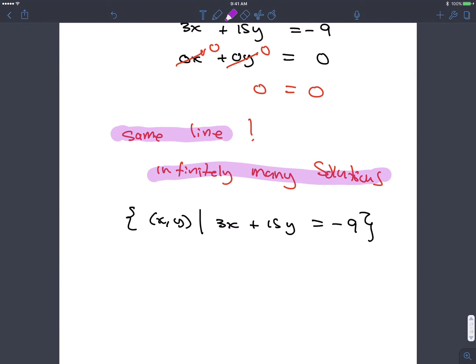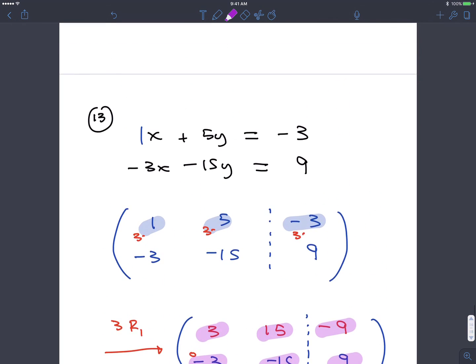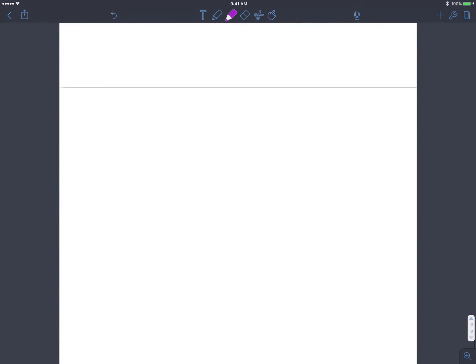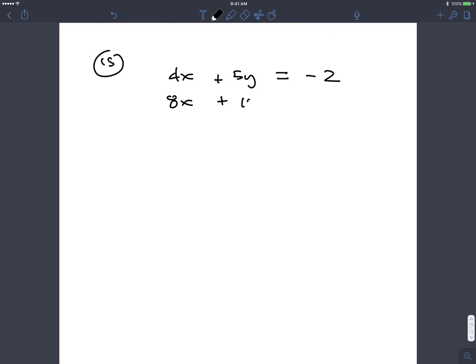Anyway, it looks like that was number, what was this, 13? Let's take a look at number 15 now. Number 15. 4x plus 5y is negative 2. 8x plus 10y is negative 4.